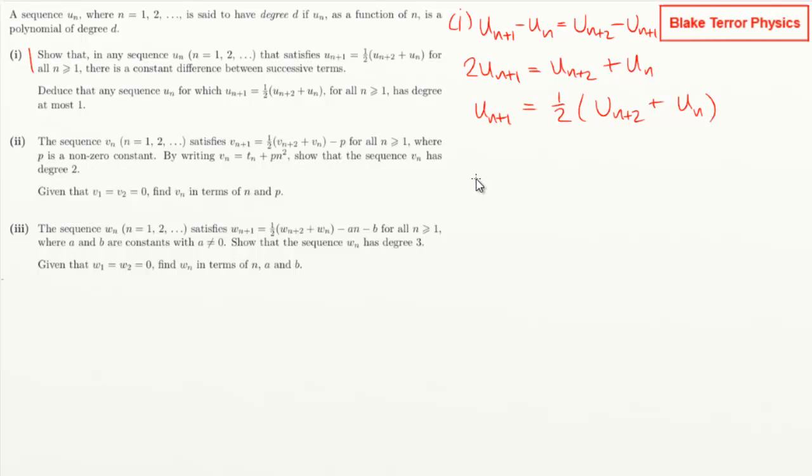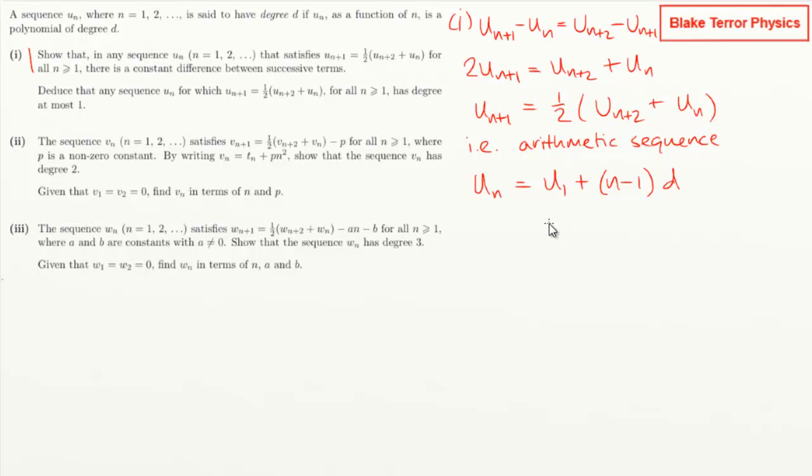So un in an arithmetic sequence is u1 plus n minus 1 d. And is that all we need? Yeah, we've shown it is, so let's put there, i.e. arithmetic sequence. So at least they know what we're thinking if they're marking this.